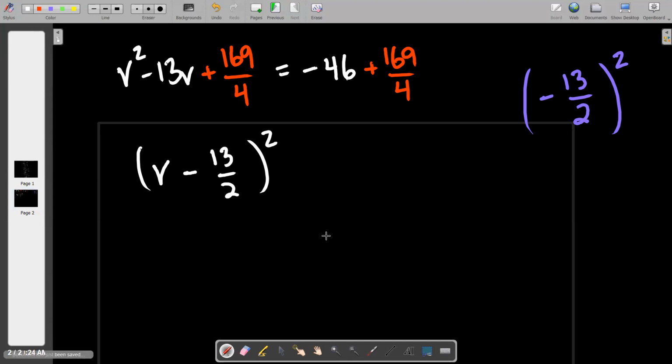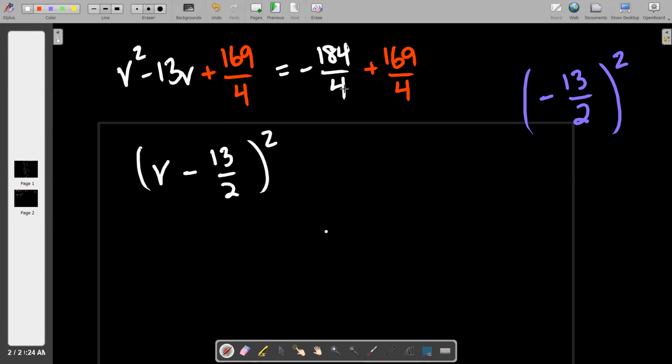On the right side, I've got to manipulate that whole number. It's actually an integer. What do we do to it? Multiply by 4. Yeah. Can anyone do negative 46 times 4? Negative 184. So I'm going to erase the negative 46 and put negative 184 over 4.